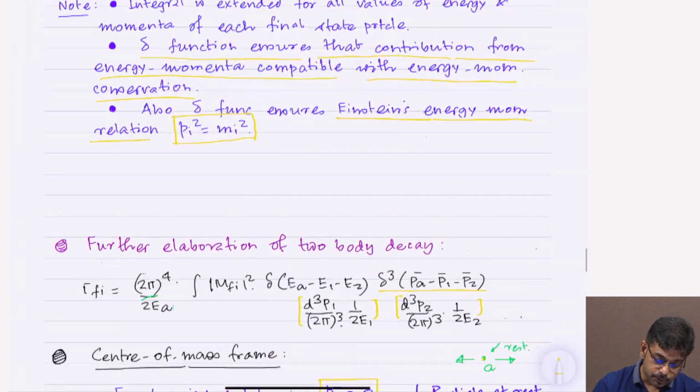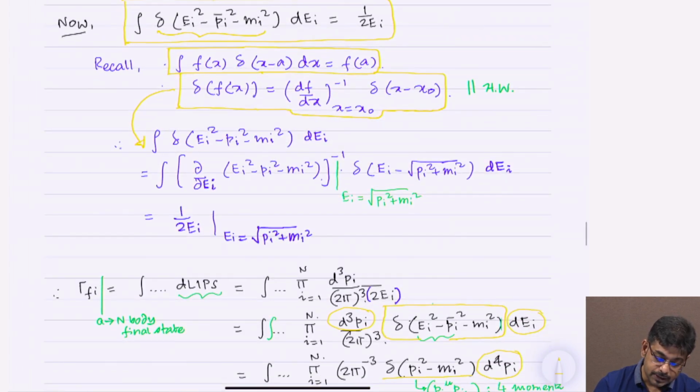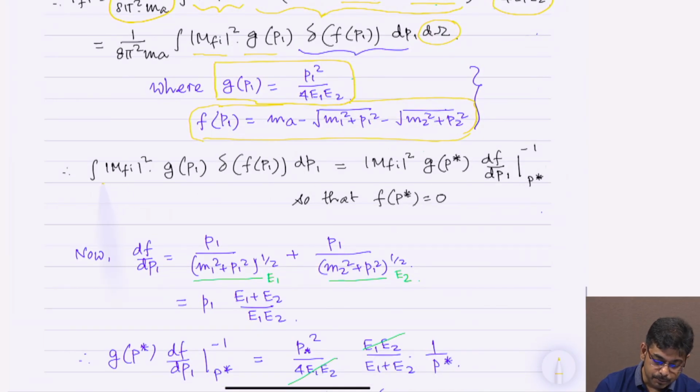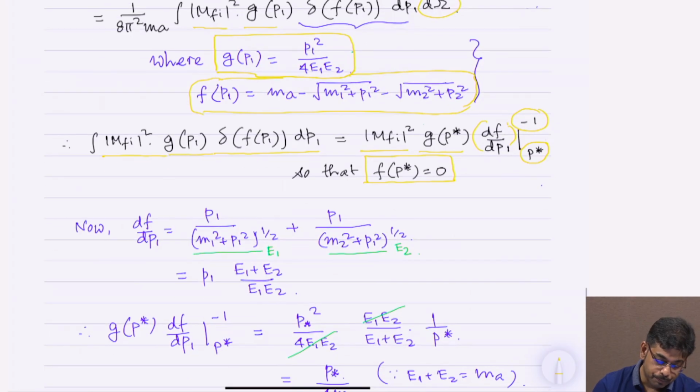Using the same formula which we talked about before for this delta function, this integral of |M_a→φ|² g(p1) δ(f(p1)) dp1 will simply be |M_a→φ|² g(p*) times the inverse of the derivative of this function with respect to p1 evaluated at p*, so that f(p*) is equal to 0. This is precisely what we have to do.